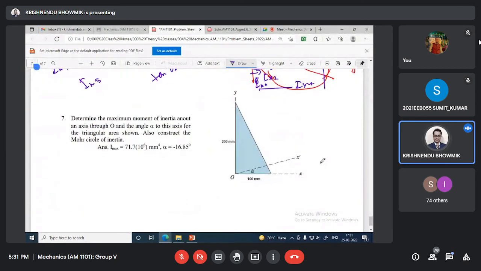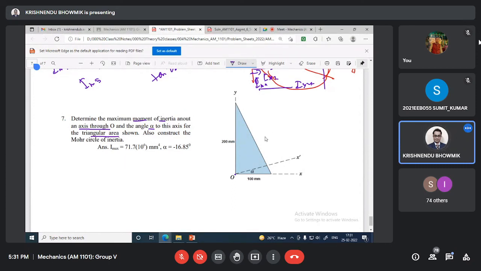Last problem now. Determine the maximum moment of inertia about an axis passing through O with the angle alpha. For the triangular section as shown, construct the Mohr circle.